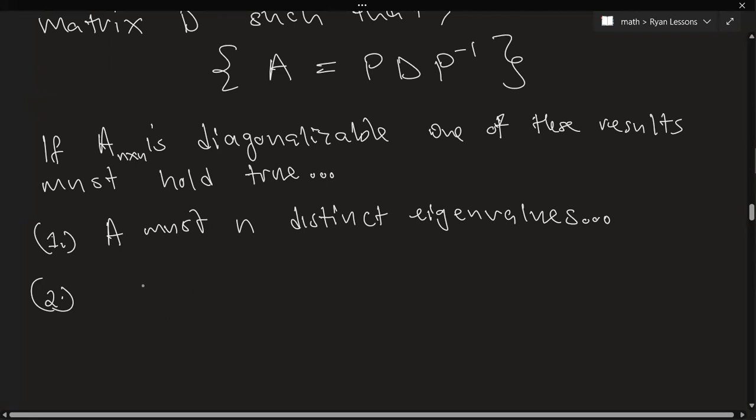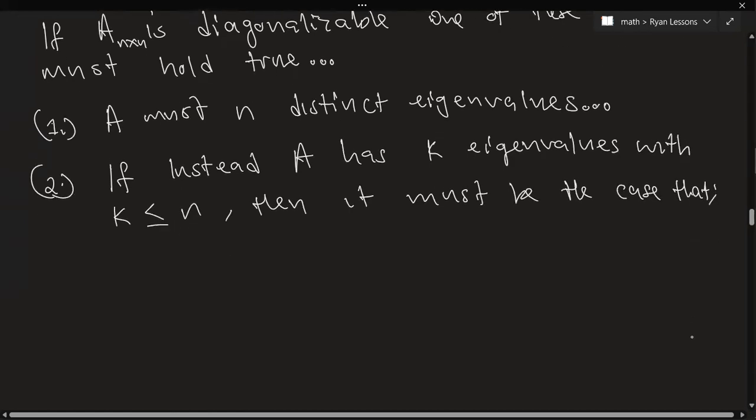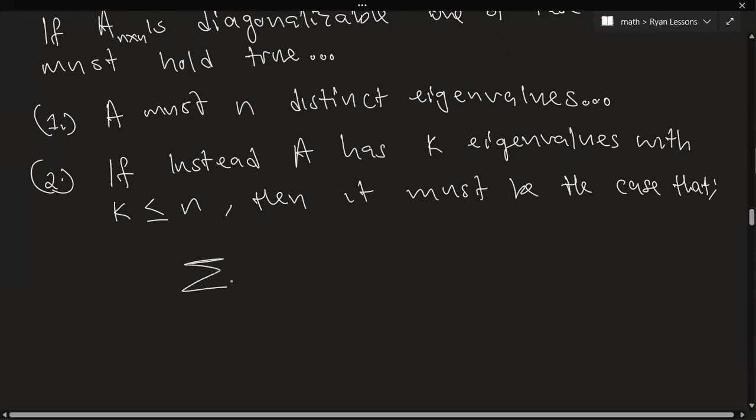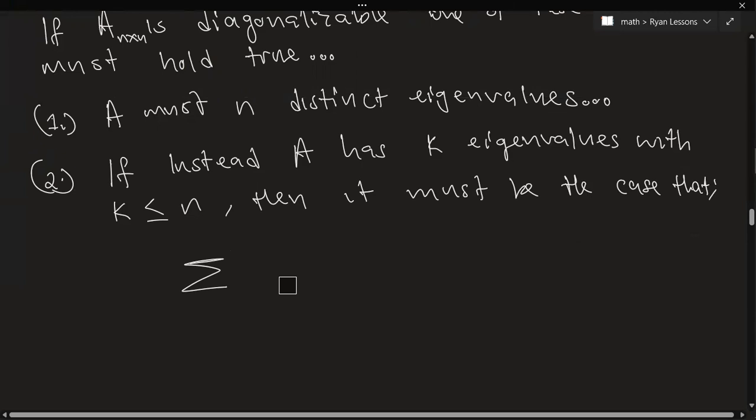If instead A has k eigenvalues with k less than or equal to n, then it must be the case that the sum of the, I'm about to introduce something that you won't get, so you can't use this when you're writing exams.